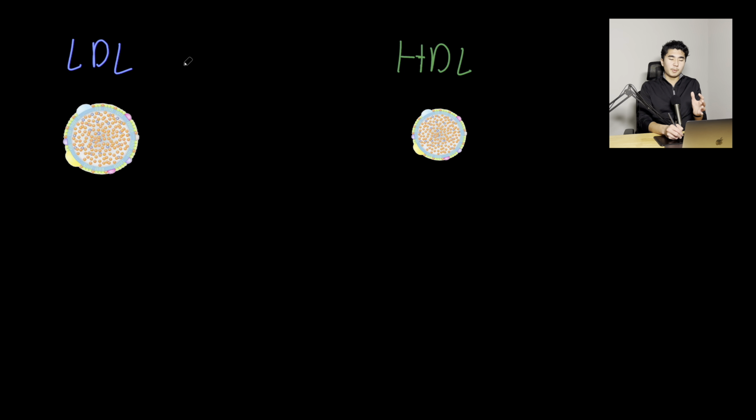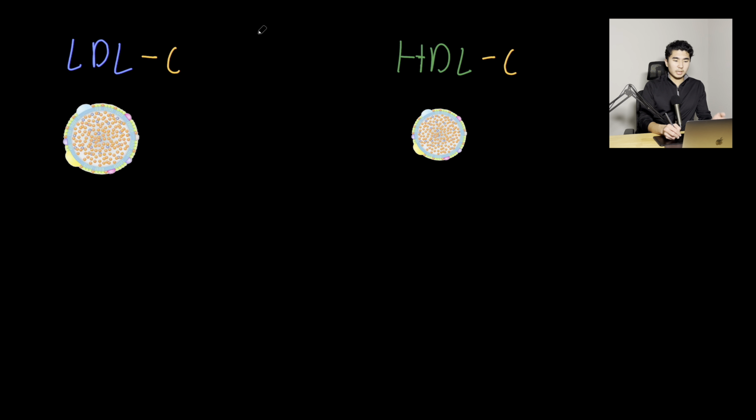Now, it's crucial to keep in mind that LDL and HDL both contain cholesterol. Now, LDL has more cholesterol, and in lipid panels, it will be denoted as LDL-C, and for HDL, HDL-C. So in usual lipid panels, you'll get your total cholesterol, triglycerides, LDL cholesterol, and HDL cholesterol.